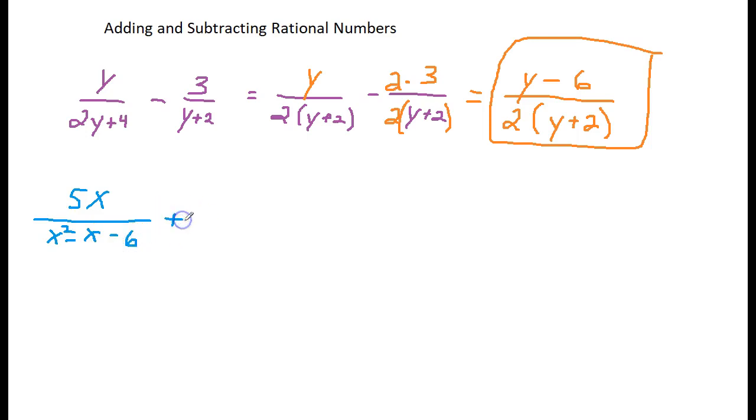We're going to add that fraction to 4 over x squared plus 4x plus 4.